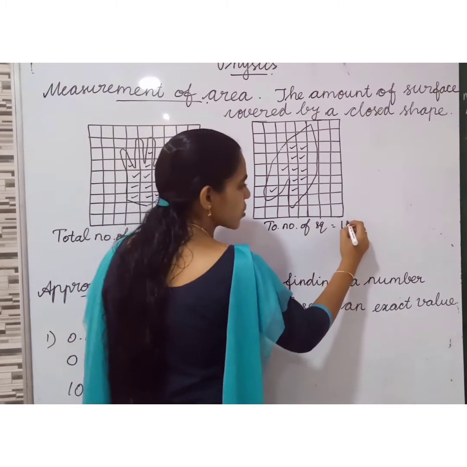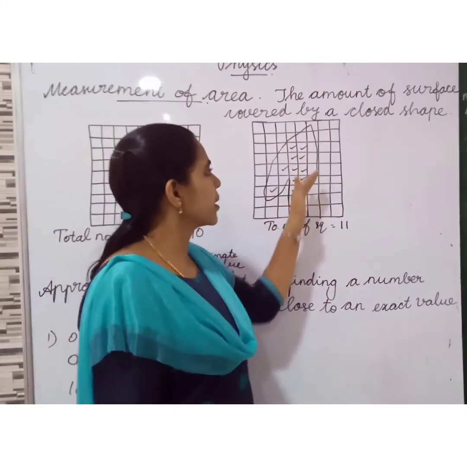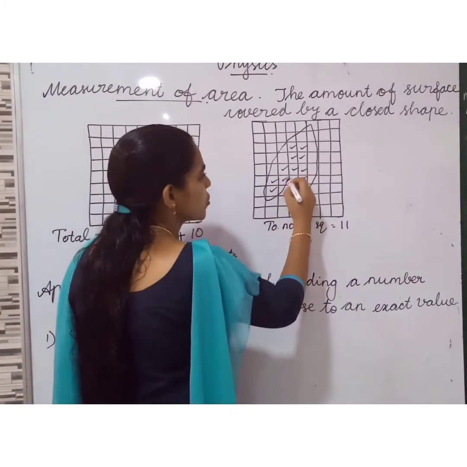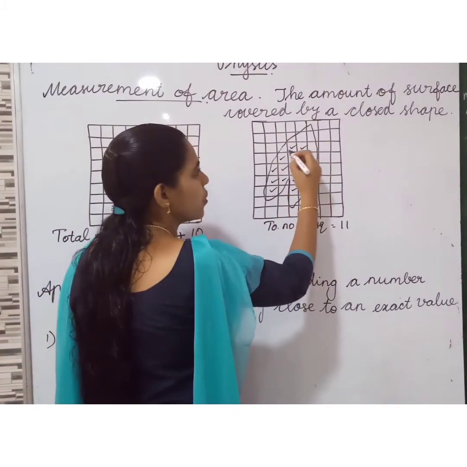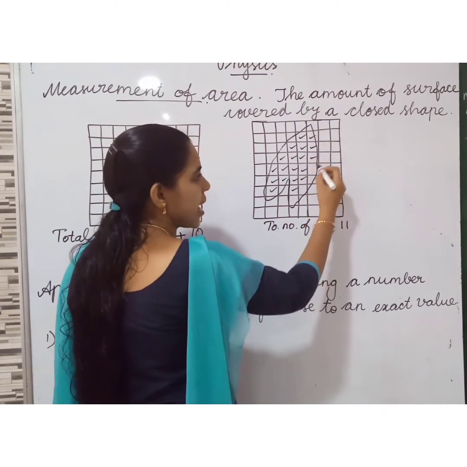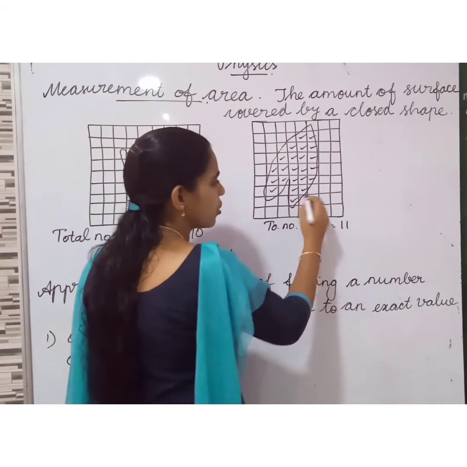Okay, 11 squares are complete. Next, incomplete squares: incomplete means more than half. So 1, 2, 3, 4, 5, 6, 7, 8, 9, 10, 11, one more, 12.